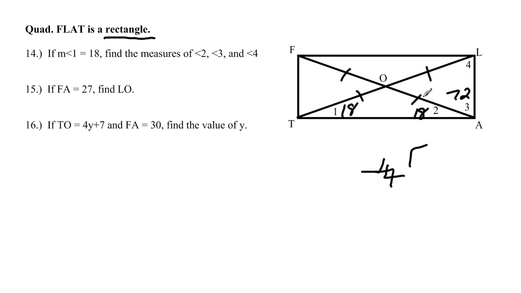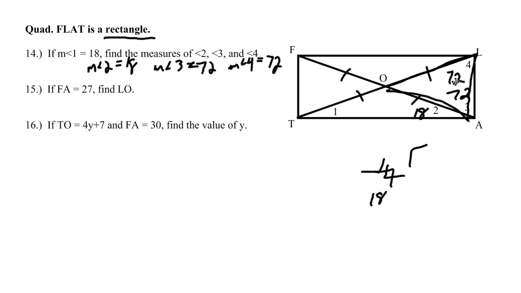And since these two pieces are equal, we have another isosceles triangle here. So angle 4 is also 72. So we have angle 2 is 18. The measure of angle 3 is 72. And the measure of angle 4 is 72.